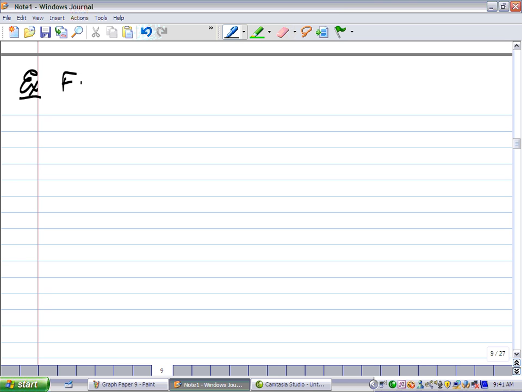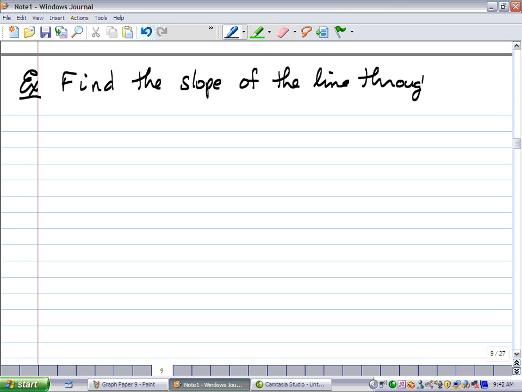Find the slope of the line through the points -6, 9, and -4, -10.